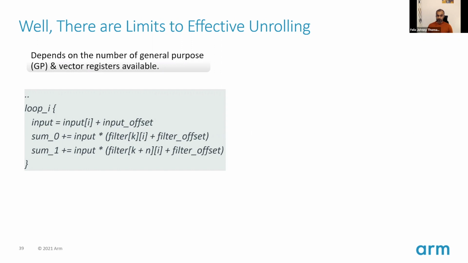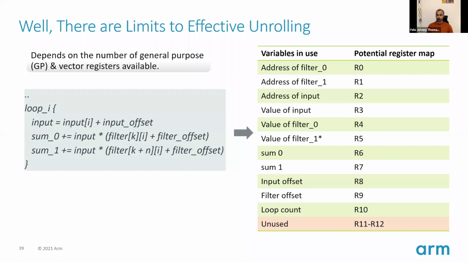Let's take the example that we had before, where we have unrolled it, and apply it to a general Cortex-M processor, which has 13 general purpose registers. What I've done here is assign a theoretical register to all of the variables inside that loop.